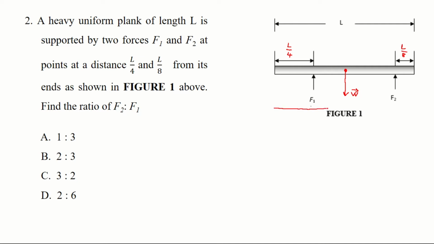So from the end to the weight is L per 2. From F1 to the weight equals L per 4 plus L per 4, so you get L per 2.